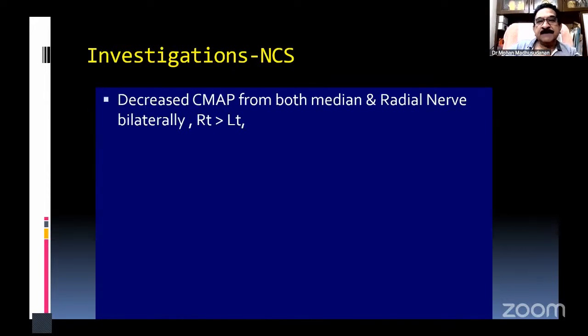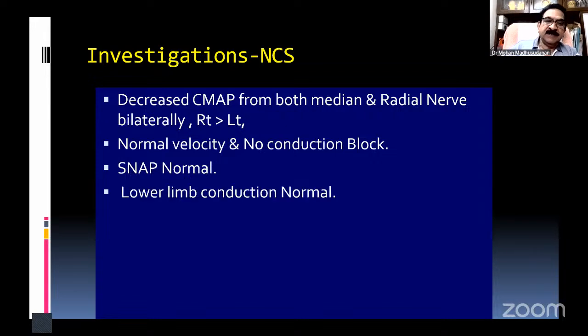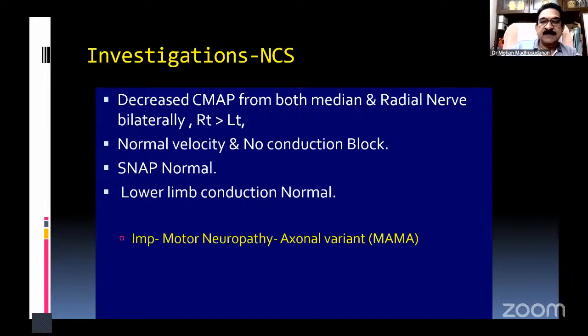There was decreased CMAP amplitude from both median and radial nerves bilaterally, right more than left. There was normal velocity and no conduction block. There is no demyelinating picture. SNAP was normal. So it's a pure motor axonopathy. Lower limb conduction was normal. So motor neuropathy, axonal variant, is the possibility.